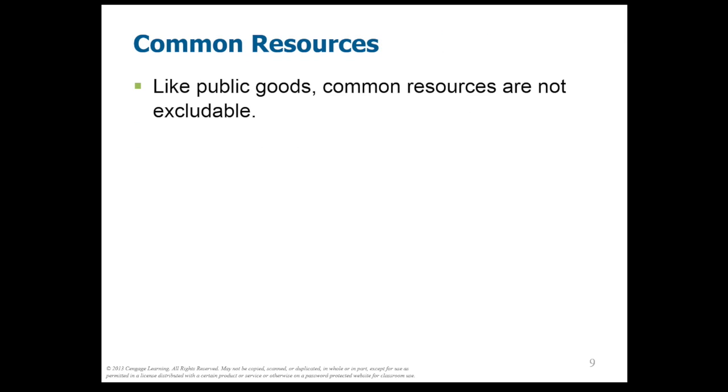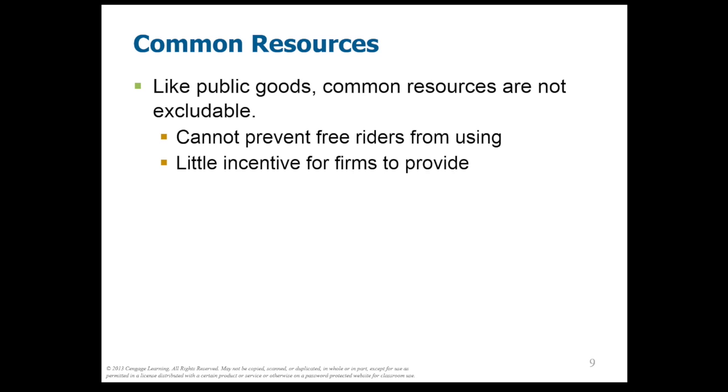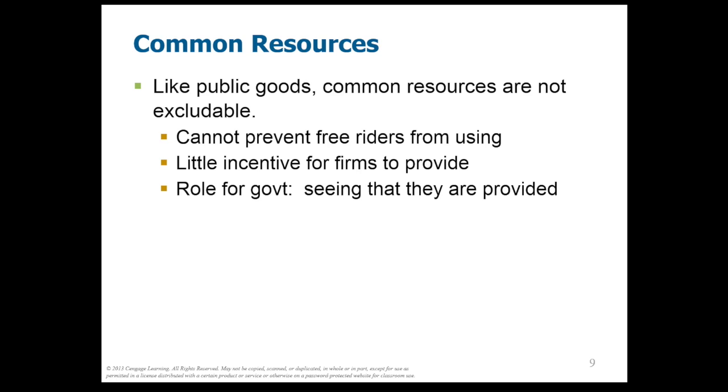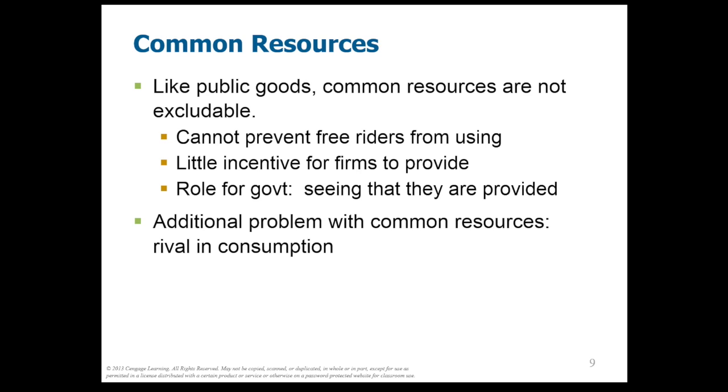Okay, now let's talk about common resources, the other type of good that we're going to talk about. First there was public goods, now it's common resources. So these are not excludable. They have that same problem that free riders come in, and nobody wants to make this good because you can't get paid. And so there's definitely a role for the government here in coordinating.